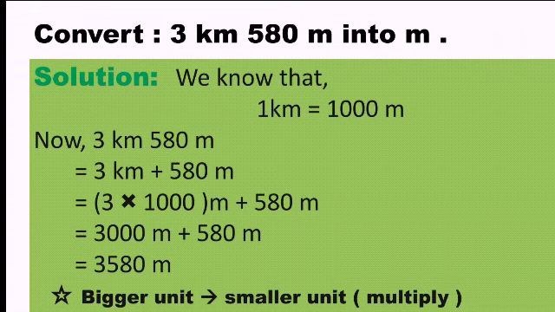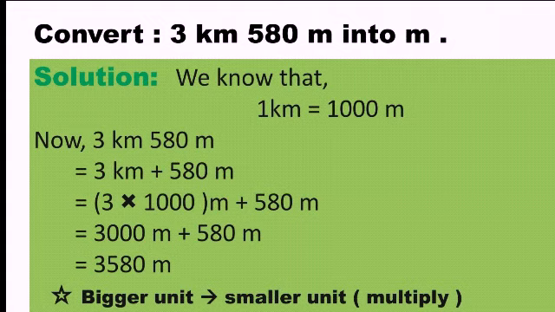Separate the parts and convert the kilometer part. After multiplying 3 into 1000, I have got 3000 meter plus 580 meter. Now we have to add them. After adding, I have got 3580 meter. In this way you can do the conversion.